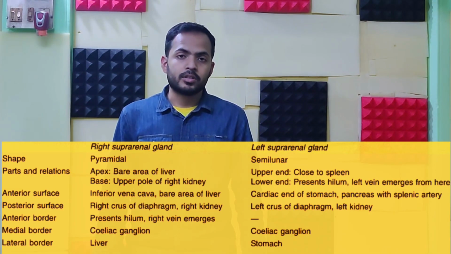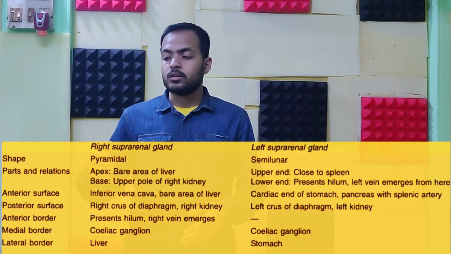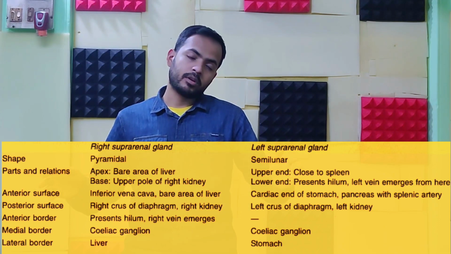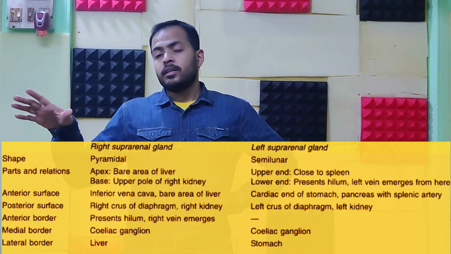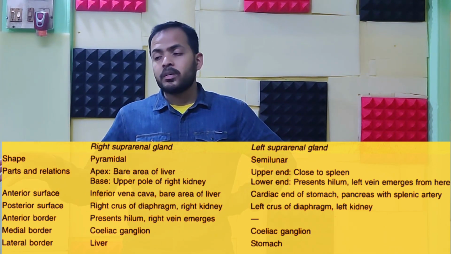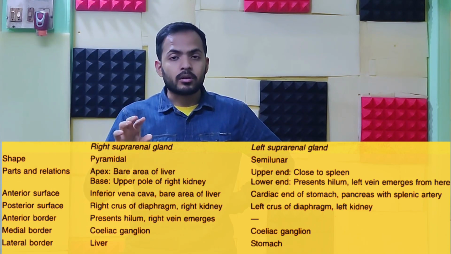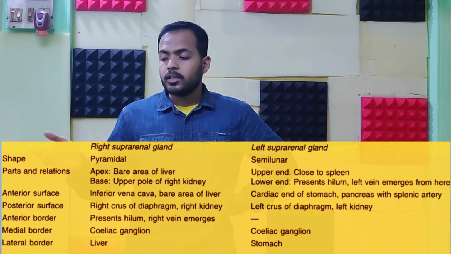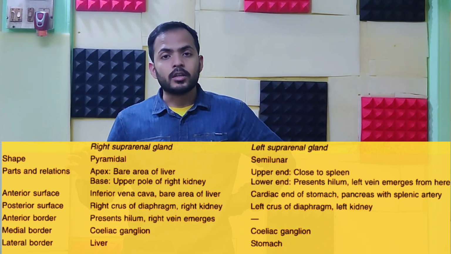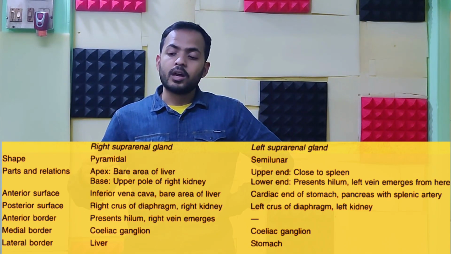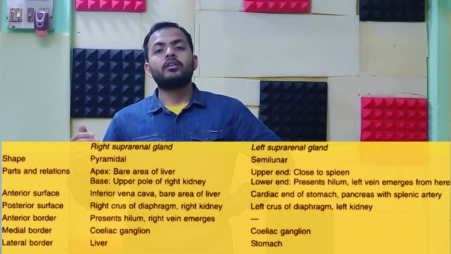Now, relations. I'm going to talk about the right suprarenal gland and left suprarenal gland separately. First, the right one has, as I said, apex and base. The apex is related to the bare area of the liver. I will talk about this later. The base is related to the upper pole of the kidney. The anterior surface is related with the inferior vena cava and also the bare area of the liver.